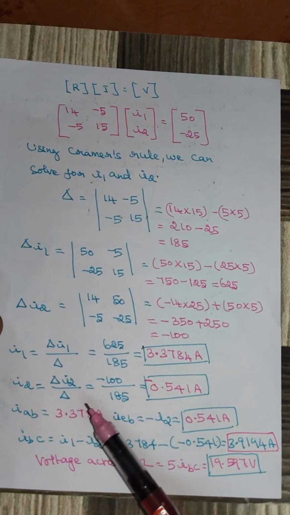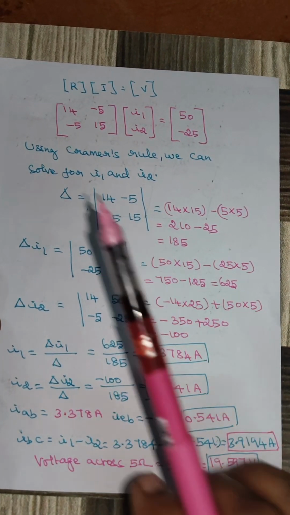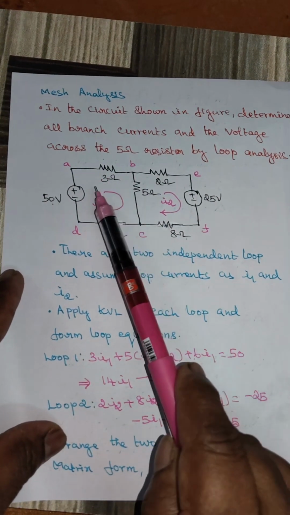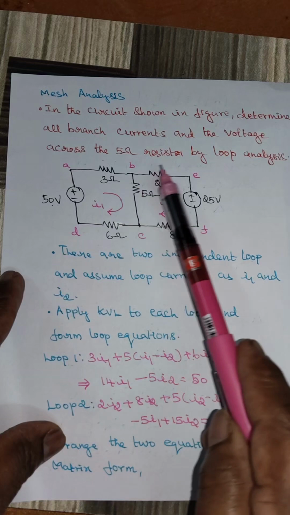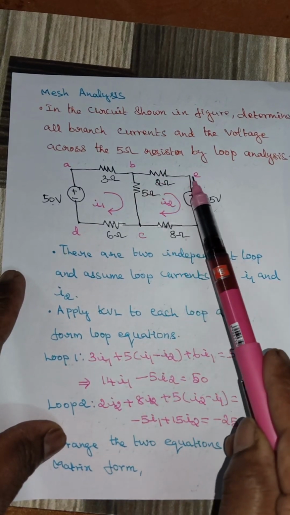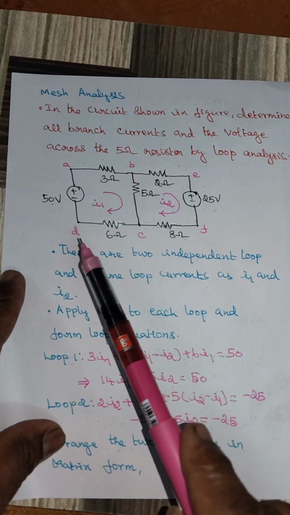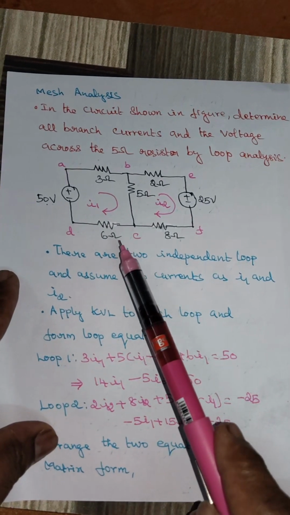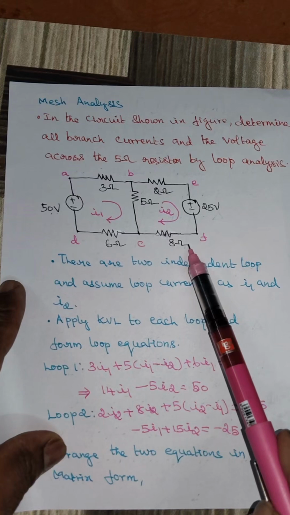But in this problem, we are asked to calculate all the branch currents. You see, this is the branch AB. The branch current IAB is equal to I1, and similarly the branch current BE will be equal to minus I2, and the branch current through the 6 ohm is I1 and through the 8 ohm is minus I2.